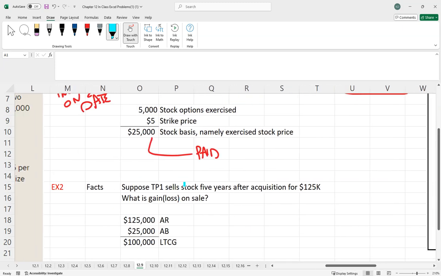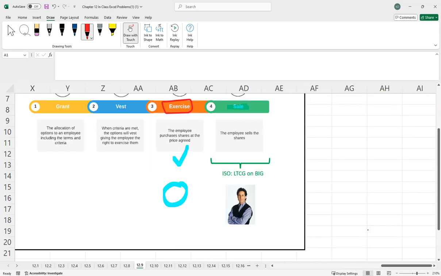Then they say, by the way, he did sell it 5 years later for 125 grand. His basis is 25, what he paid. That's going to be the long-term capital gain. That is when Jerry pays tax, whenever he sells it: long-term capital gain on the built-in gain.